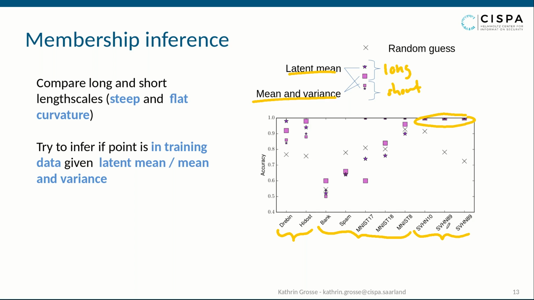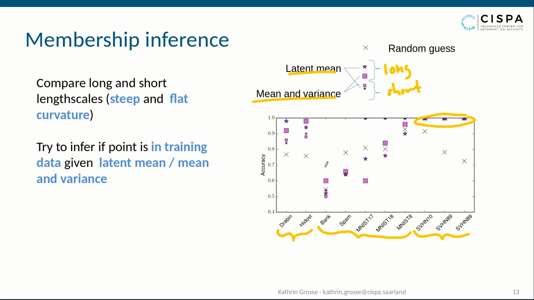Talking about the causes, when we investigate this setting here, which is on SVHN, we see this is a vision task, and Gaussian processes are not really made for vision tasks unless you use a suitable kernel, which we here didn't. So this success here is due to dataset shift. And probably if you fix the dataset shift, then it wouldn't be possible to classify these anymore.